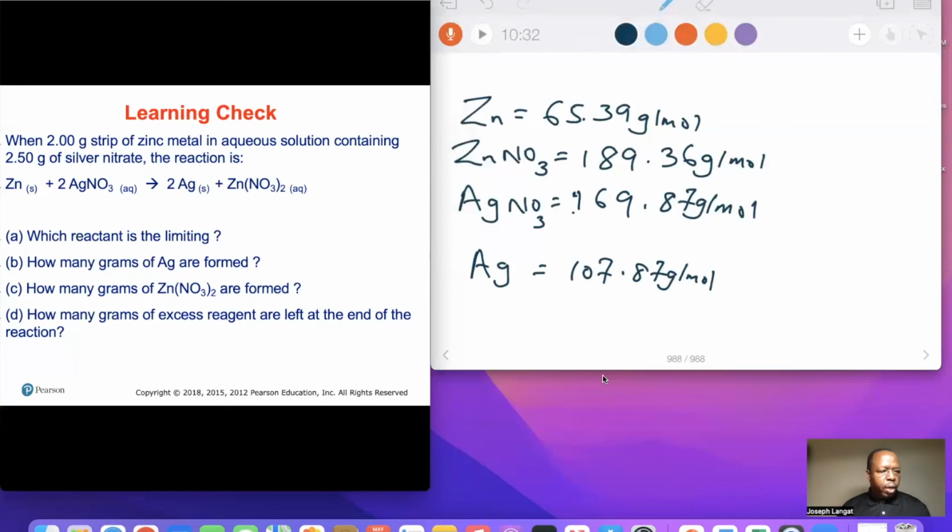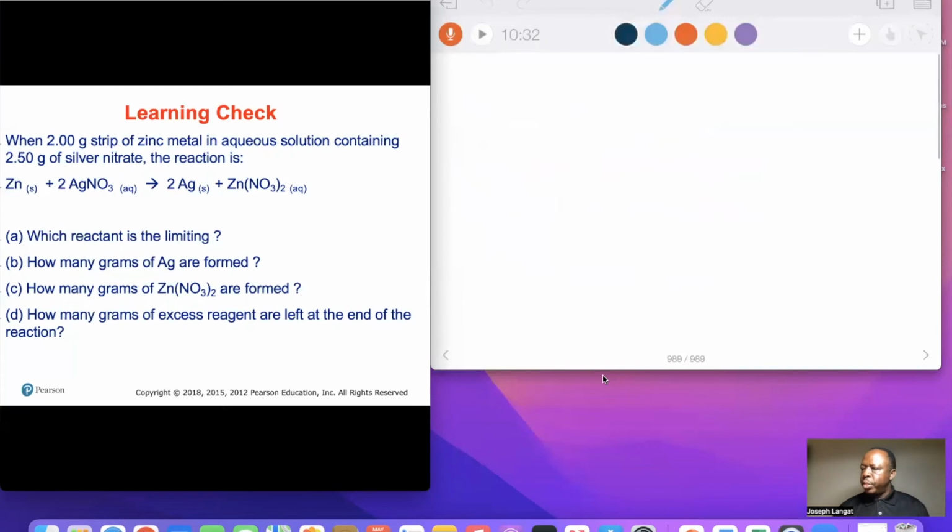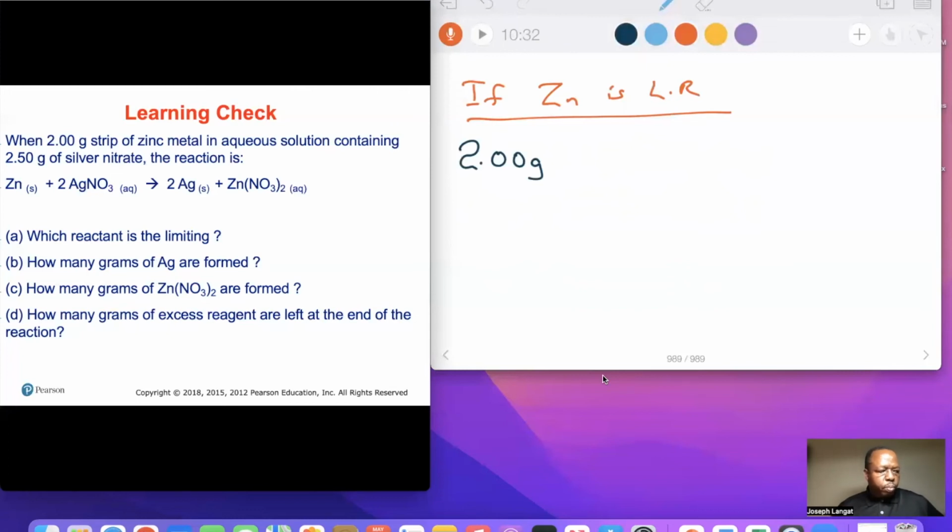In order to find the limiting reagent, say if zinc is the limiting reagent, what we need to do is take the given mass, 2.00 grams, using the molar mass of zinc.